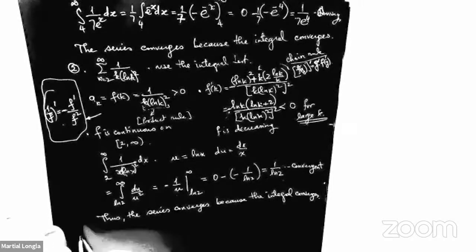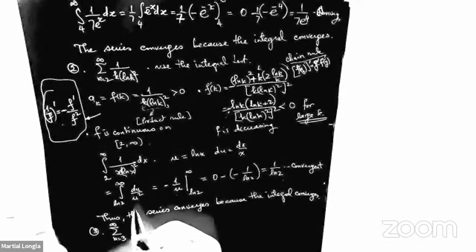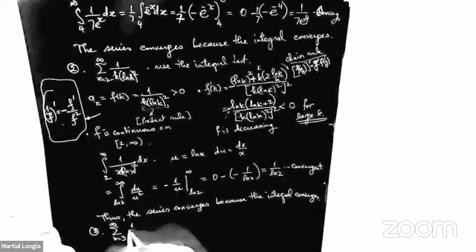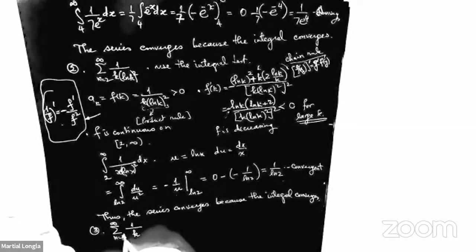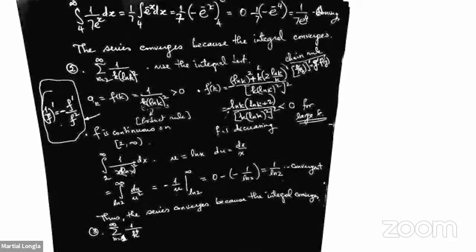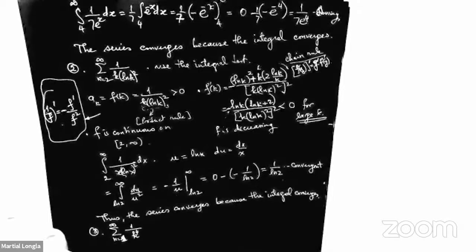So let's do this: sum over k from 1 to infinity. Most important thing is not just to have numbers there. So the sum of 1 over k to the 4th.